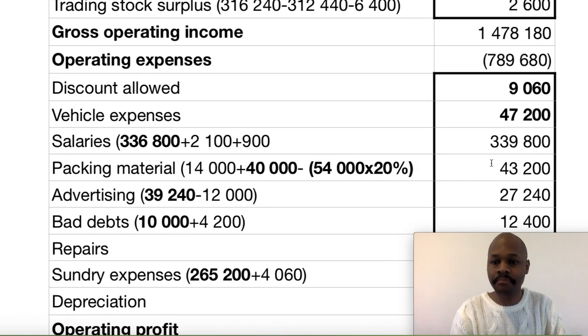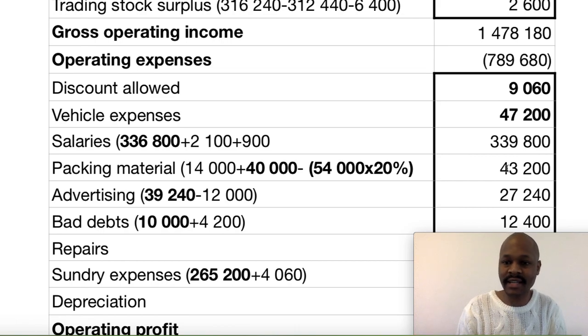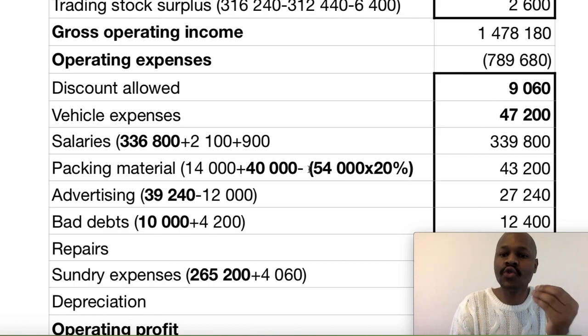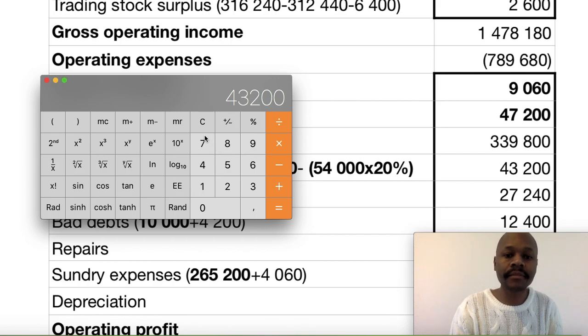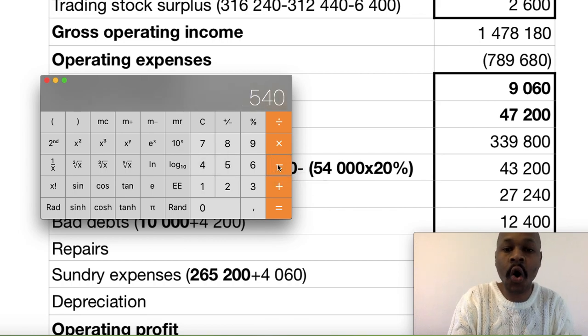Packing material there, 43,200, you take to the final answers column, and then to work out exactly how much you have to subtract, you say this which you did not use, you subtract. Or you can simply say 43,200 minus 54,000.